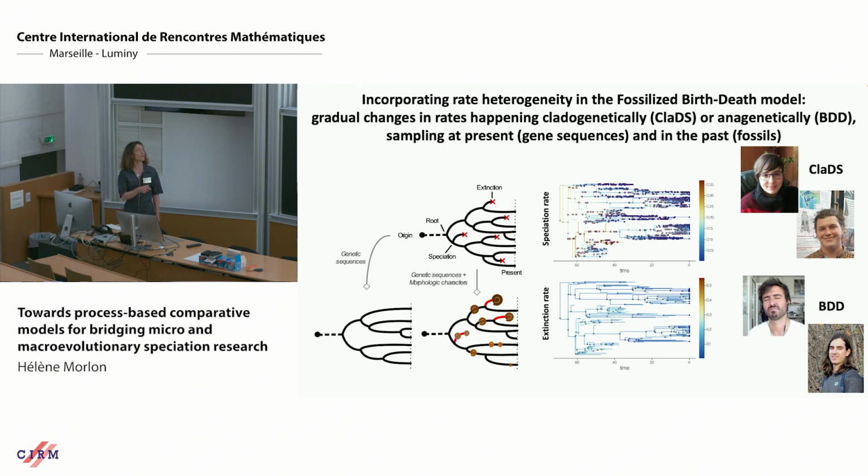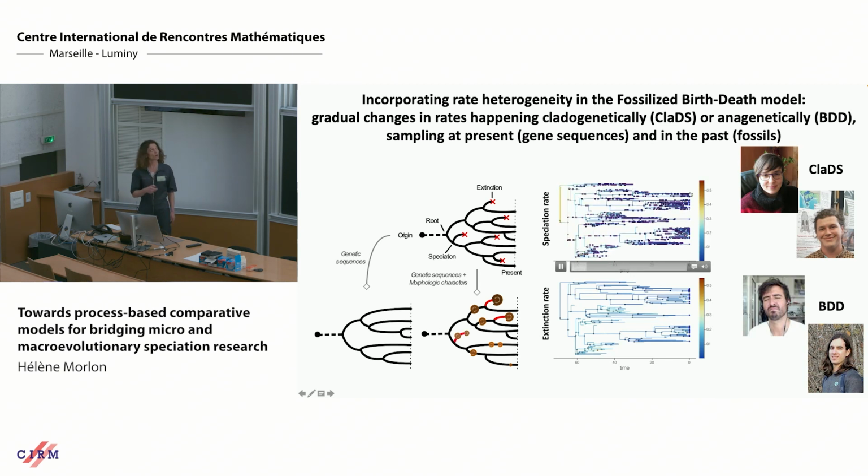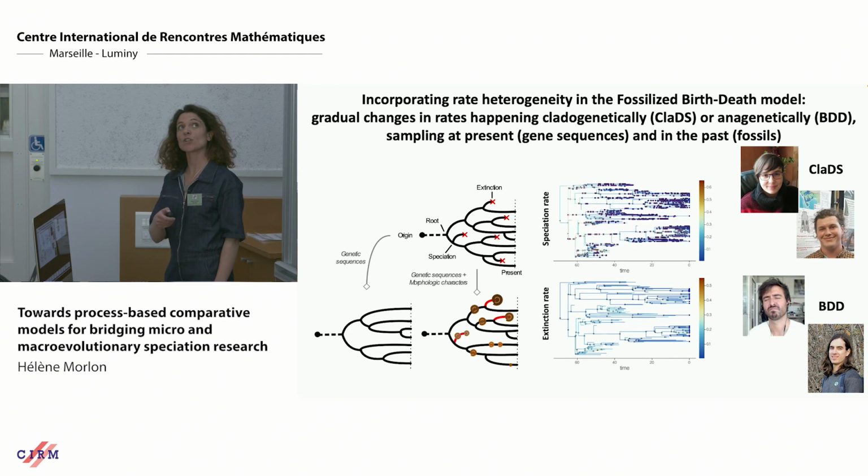Now we can make inference on speciation and extinction rates from this combined information with fossils directly included in the tree. What we see here are, when we treat this model with data augmentation, different realizations of the stochastic birth-death process with fossilization.